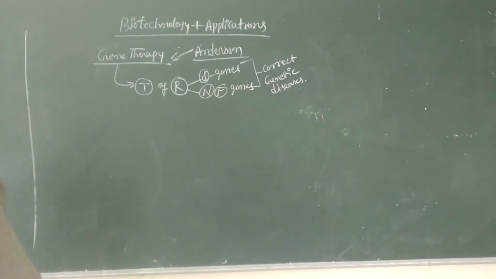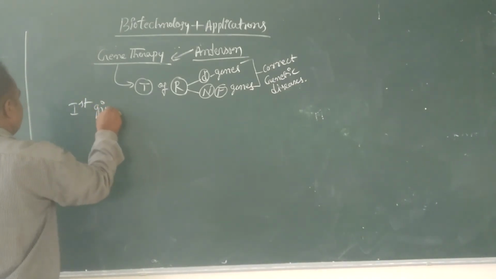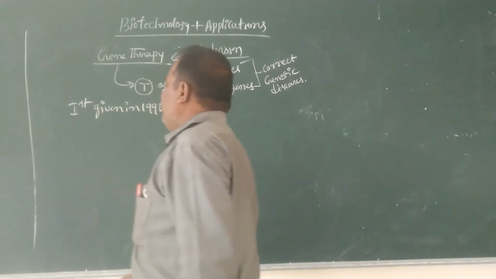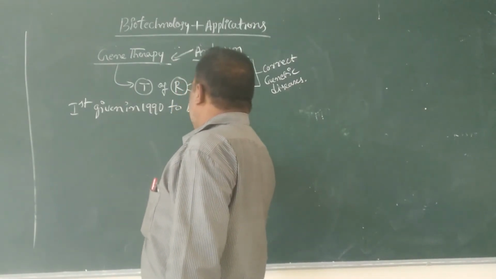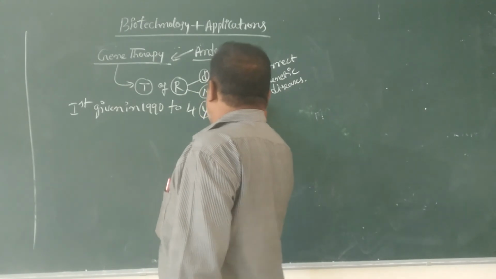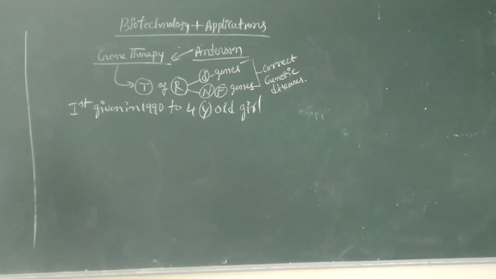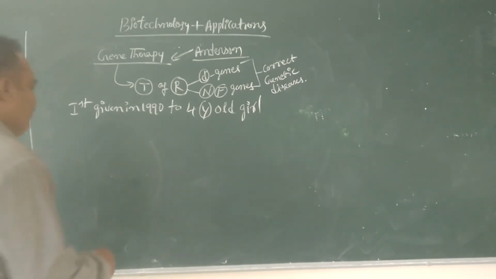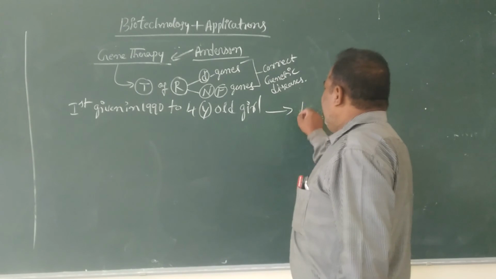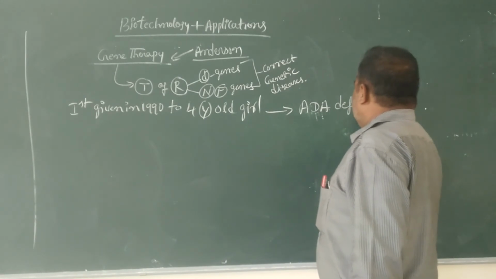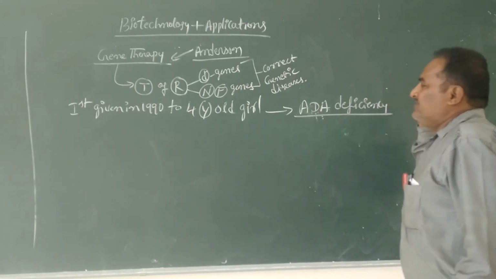This kind of gene therapy was first given in 1990 to a 4-year-old girl suffering from ADA deficiency.